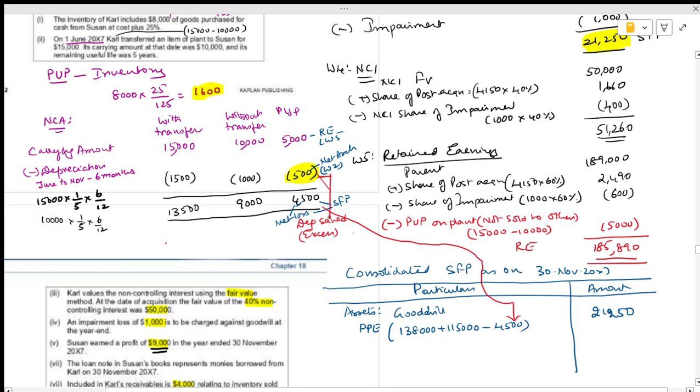See, 5,000 is the overall loss. We have saved 500 depreciation. The net loss is how much? 4,500. 138 plus 115 minus 4,500. How much will it come?